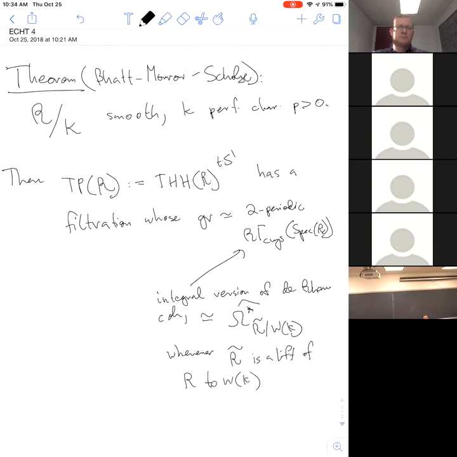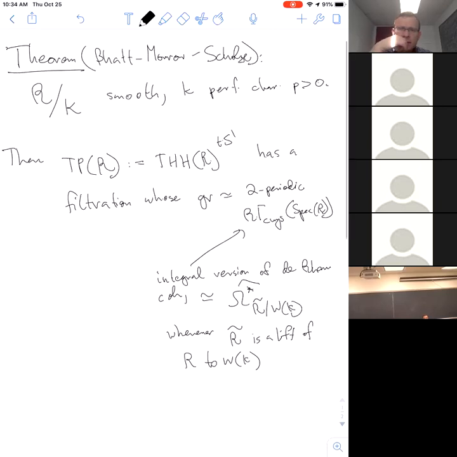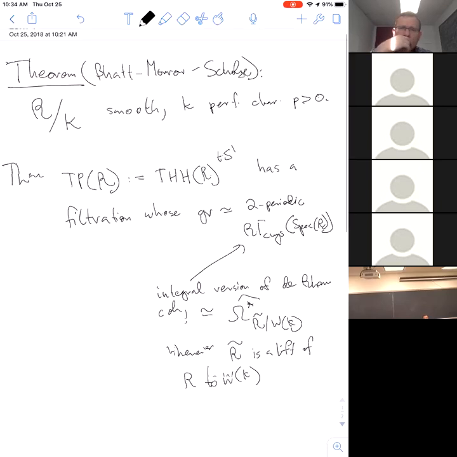Sorry, we can even assume k is F_p, and then the idea is that you look at the p-complete de Rham homology of a lift of your algebra. You have an algebra over F_p, you choose some flat lift over Z_p, take the p-completed de Rham complex, and the claim is that that's actually a functor in R. That's this crystalline homology construction.